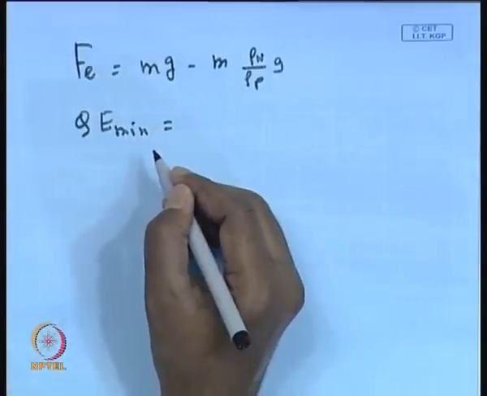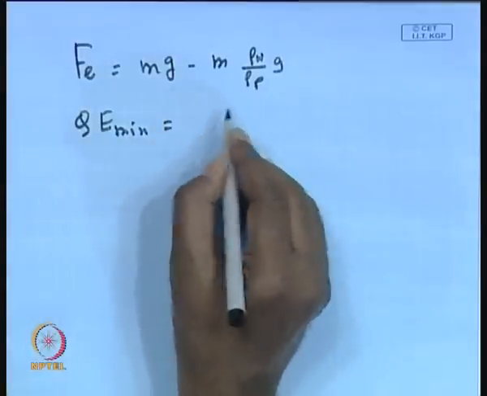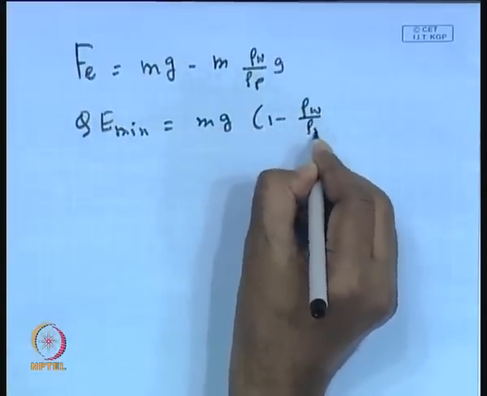If you know the electric field strength, multiplied by the charge it will give you the electric force. So, Q times E minimum will be nothing but mg times 1 minus rho w by rho p.